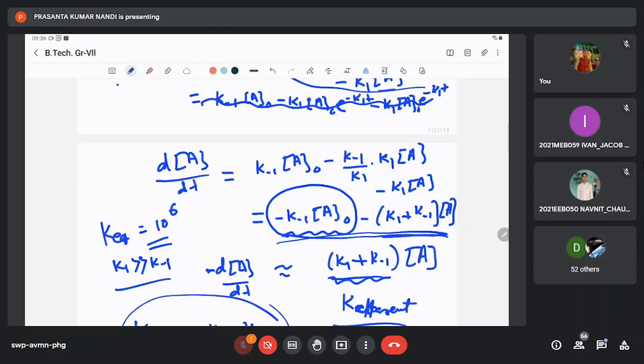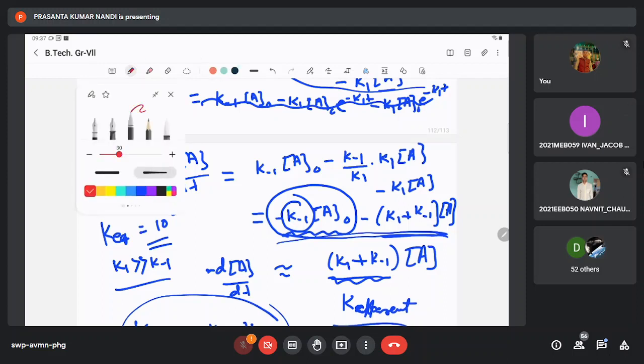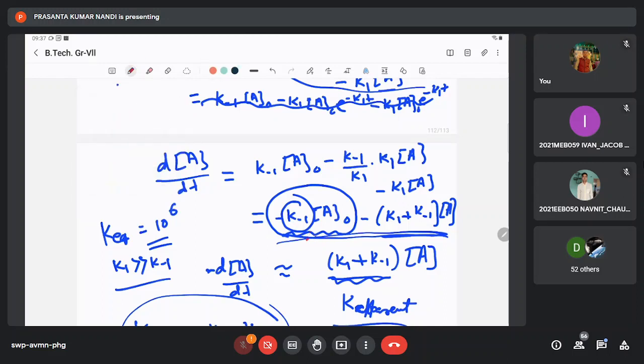Naturally, this quantity is significantly less, so that's why we have ignored that. That is, K minus 1 is very small. Whatever amount you have taken, we can ignore this term. So this is the justification, nothing else. That's why we dropped this term.